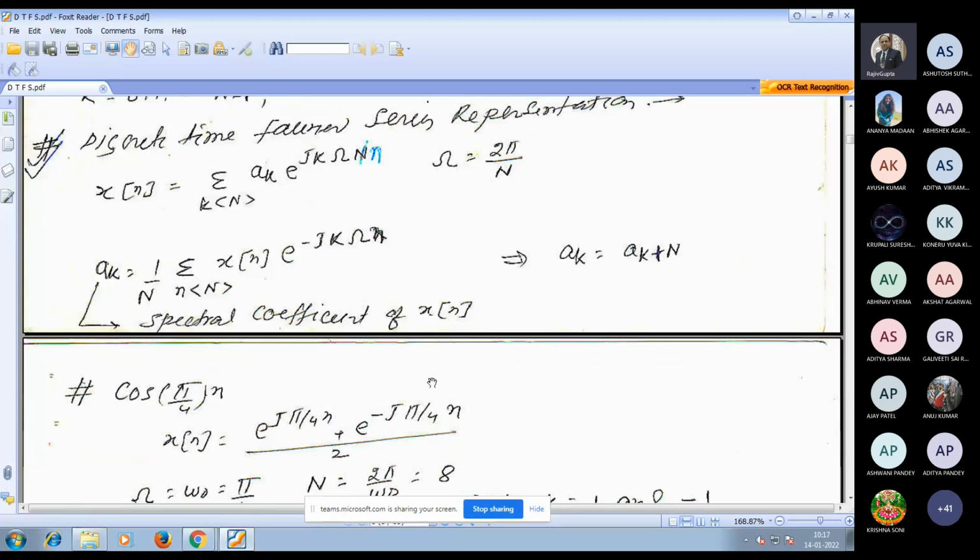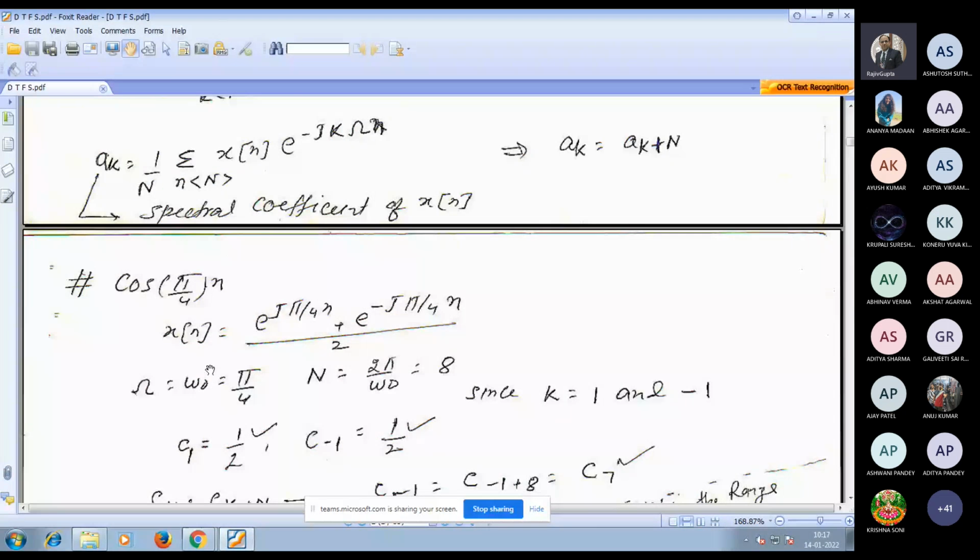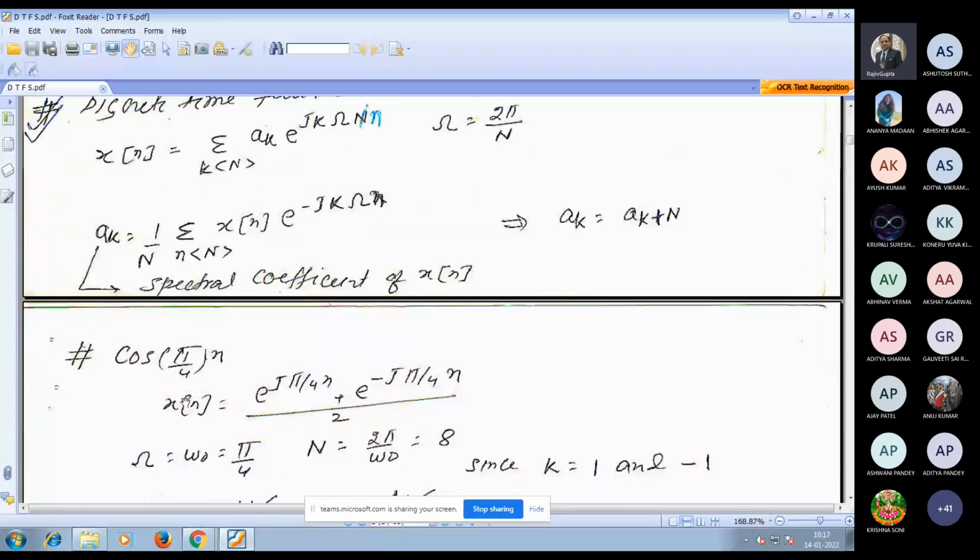We'll start with a few numericals. Let's say we have cos of pi by 4 n. By comparing with the mathematical expression, tell me how many Fourier series coefficients you will need to represent this signal.